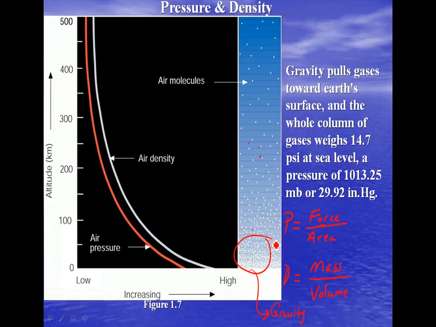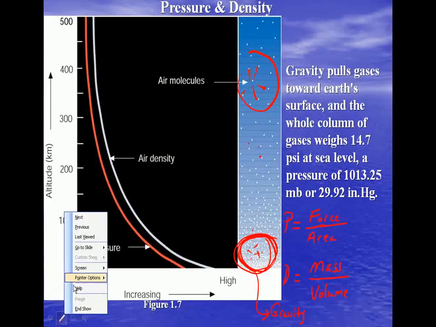Notice that the concentration of these air molecules tends to be very high. In other words, the distance between these different air parcels or air molecules is smaller than, say, up here. We see there are larger distances between air molecules as we go up into the atmosphere. So it says something about the density of air.